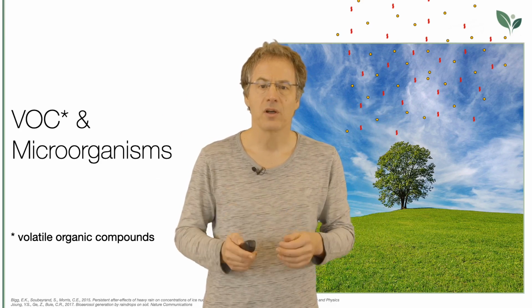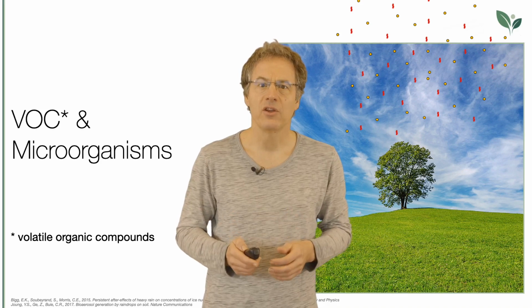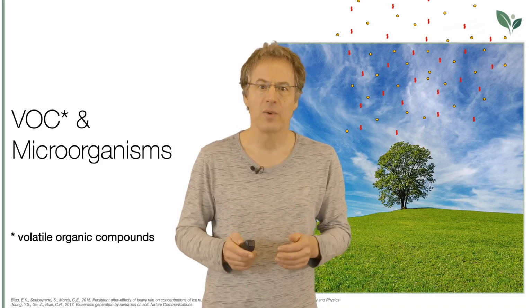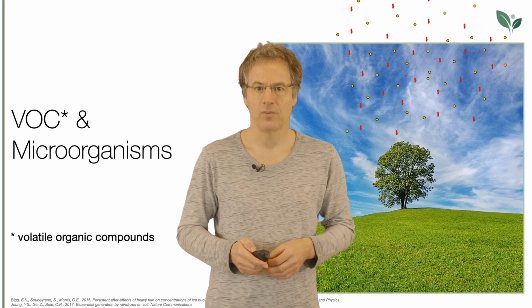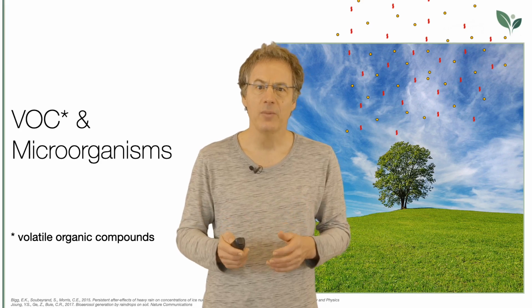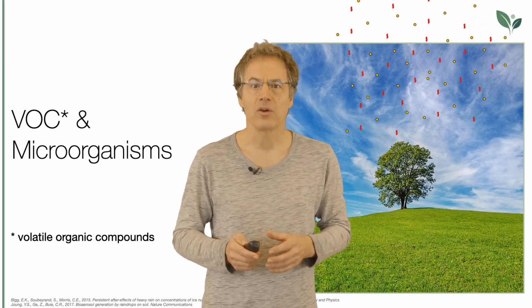In the atmosphere, they form an important part of cloud condensation and ice nuclei, which in turn affect cloud formation and precipitation. These biogenic aerosols can also help increase freezing temperatures by forming ice cores.